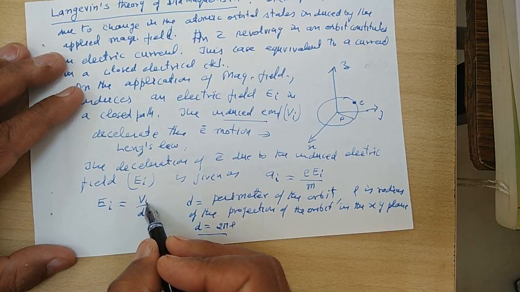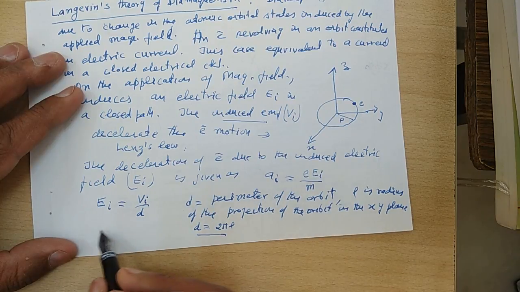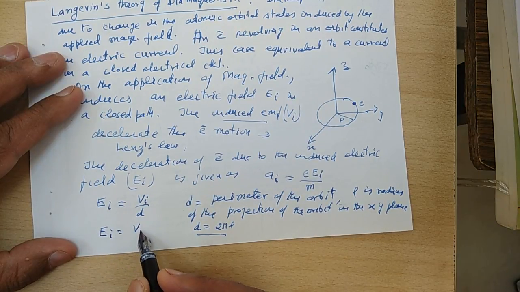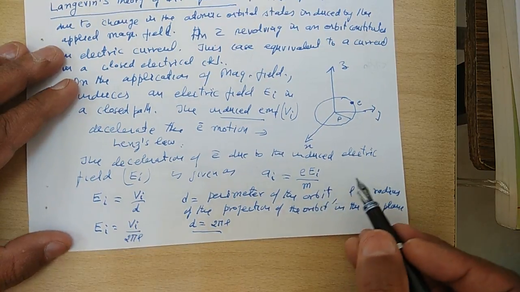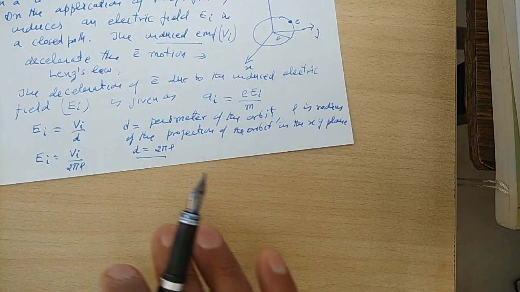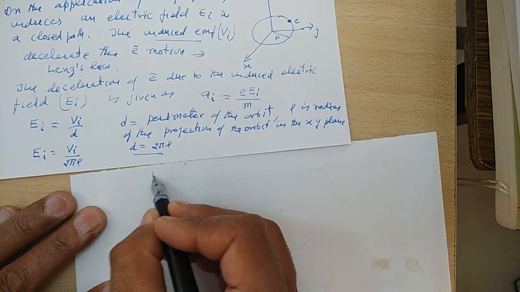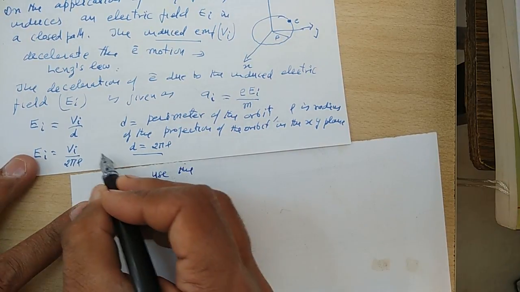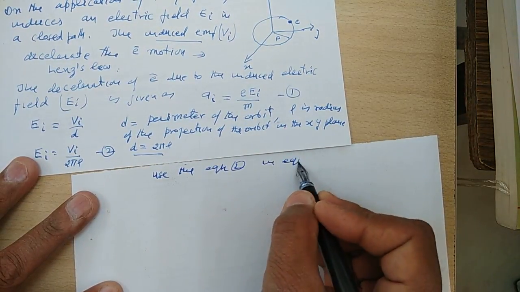And EI here comes out to be equal to VI by 2 pi rho. So I will substitute the value of EI from here in this expression. Say this is equation 2 and this is equation 1; use equation 2 in equation 1.